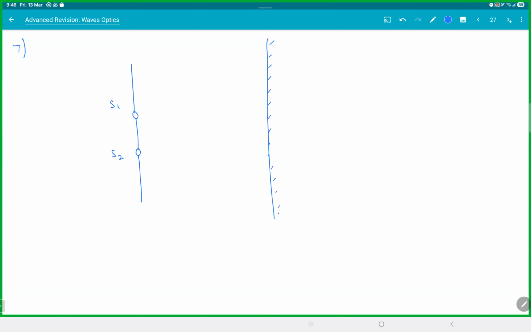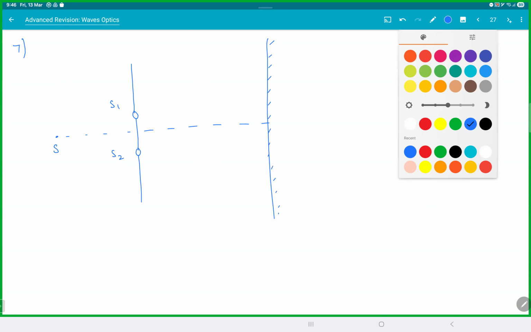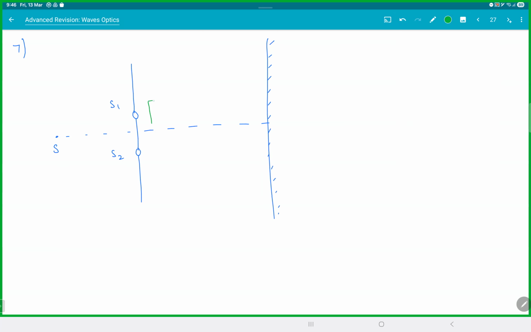S1, S2. Let's say you kept a slab in front of it. Thickness T1, mu1, there's a slab in front of it. T2, mu2, right? And lambda in vacuum is lambda. This is point P. Find the path difference at point P.